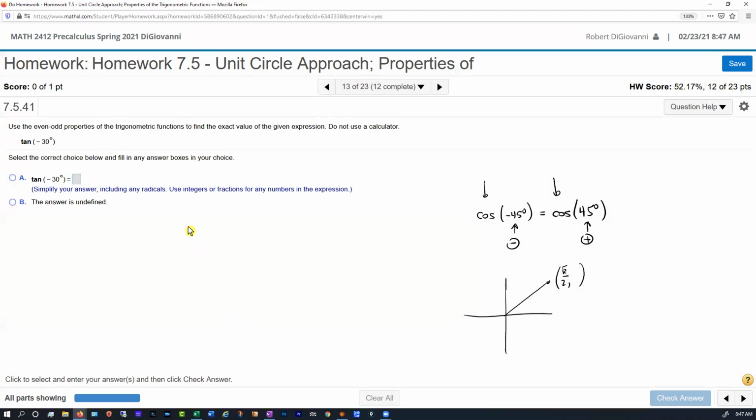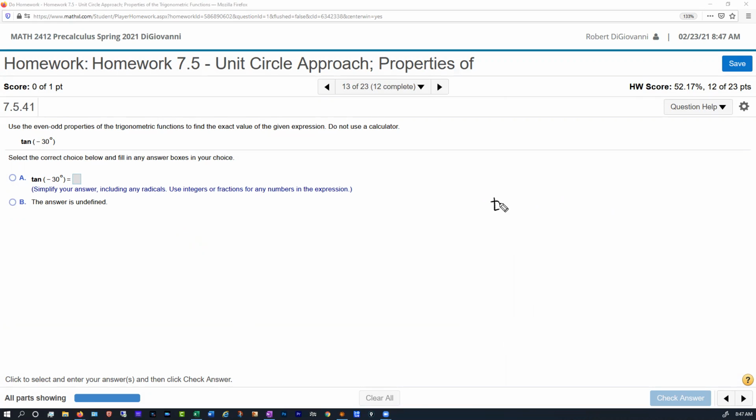Okay, so same thing, tangent of -30. So tangent is an odd function, which means that, excuse me. Tangent of -30 degrees is not equal to tangent of 30 degrees. It's not like the cosine was.